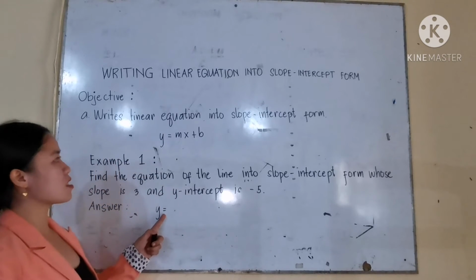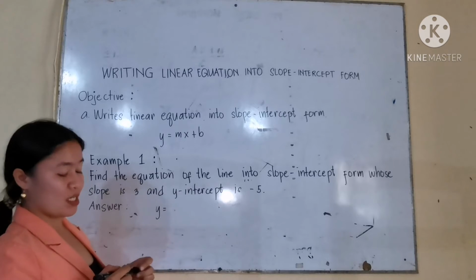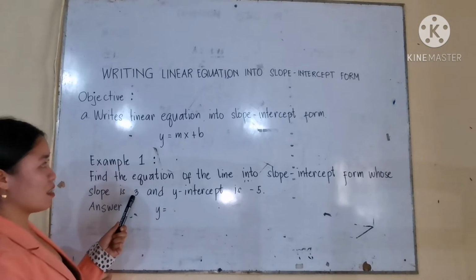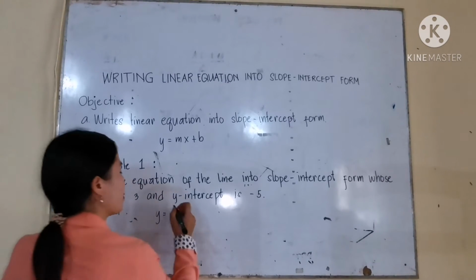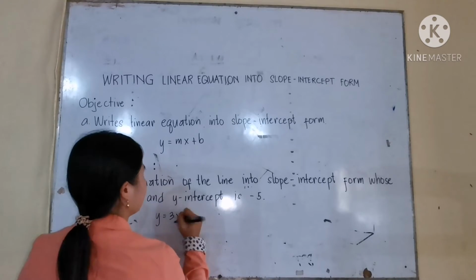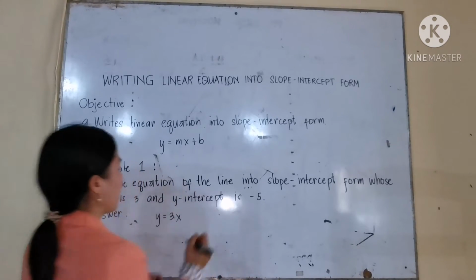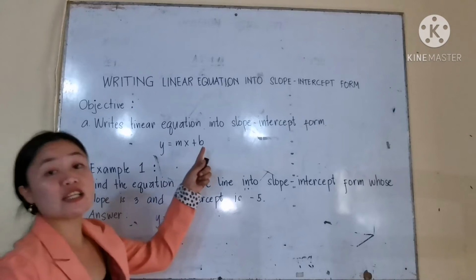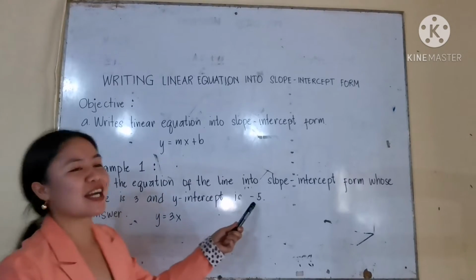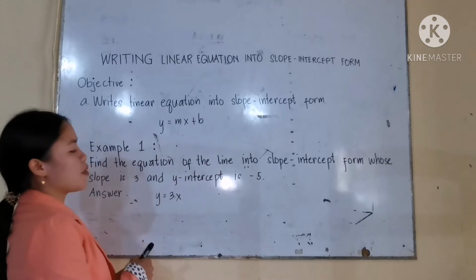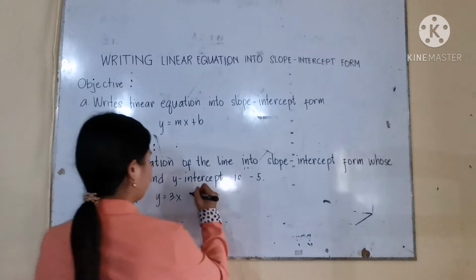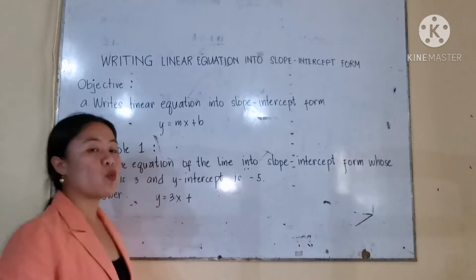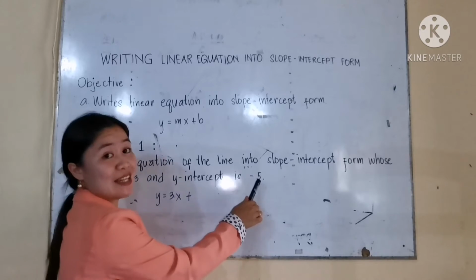So we're going to follow the equation y is equal to mx plus b. Y equals the slope, which is 3. Just substitute, okay? So 3x plus the y-intercept, which is -5.